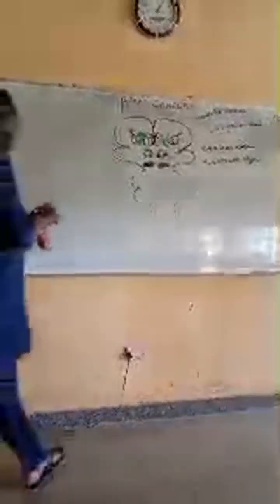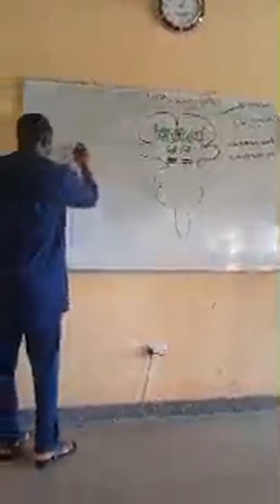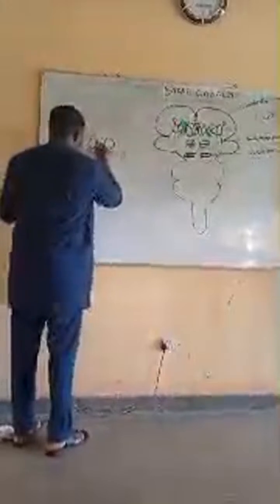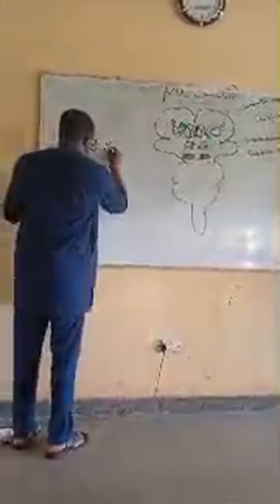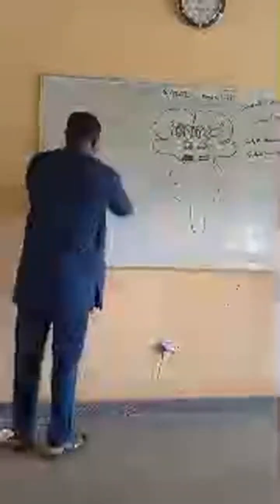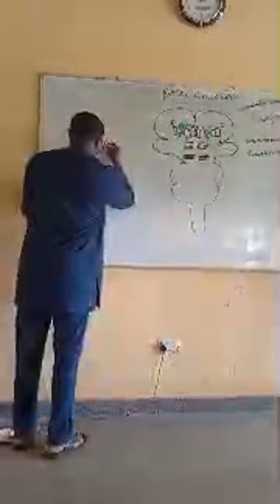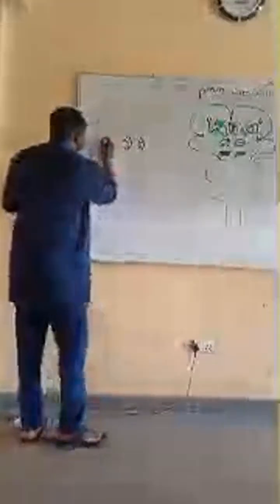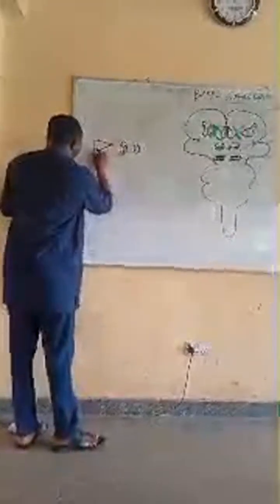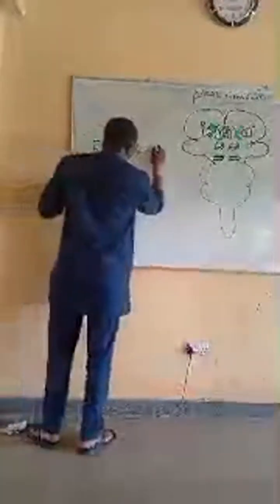All right, let me draw it again. Yeah? Now, what is this? This is the thalamus. Right? You see also, here you have this structure called the what?